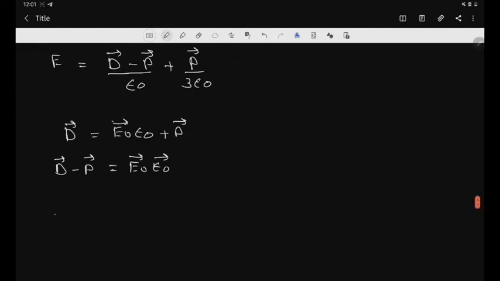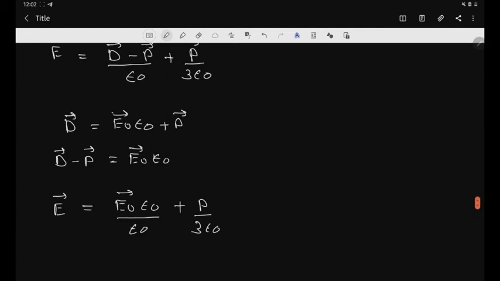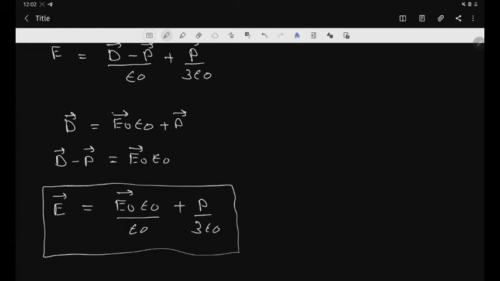We will get E, the net electric field at point O, as E0 into epsilon naught, epsilon naught is not a vector, divided by epsilon naught, plus P divided by 3 epsilon naught. So this will be the net electric field at this point O due to different charge configuration.